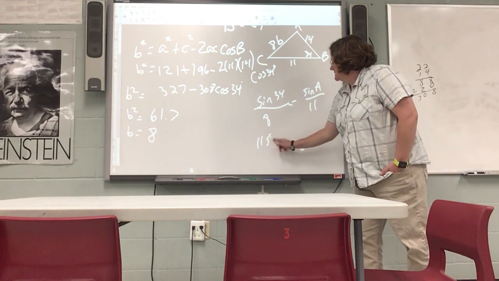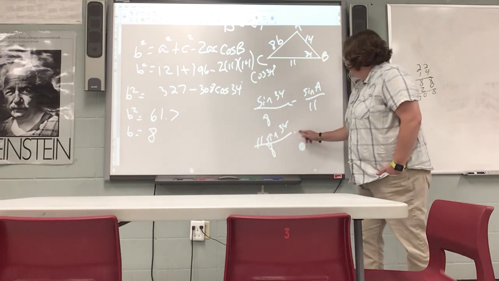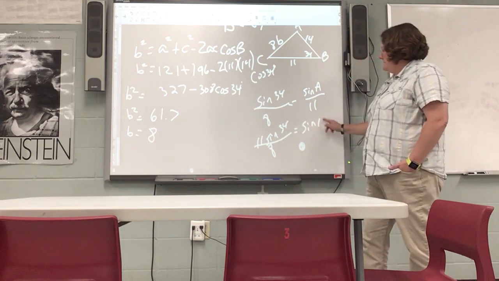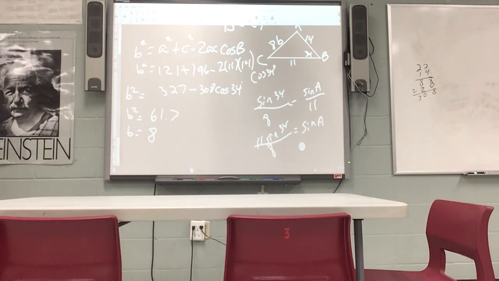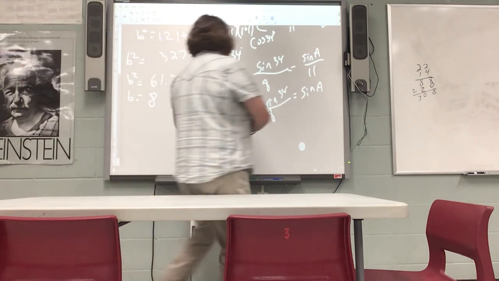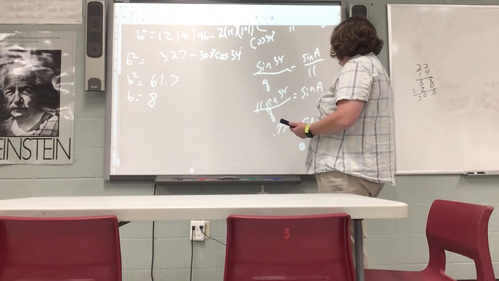So 11 times the sine of 34 over 8 is equal to the sine of A. So I got 11 times sine of 34, enter, divided by 8, 0.77, pretty close. So 0.77 is approximately the sine of A.